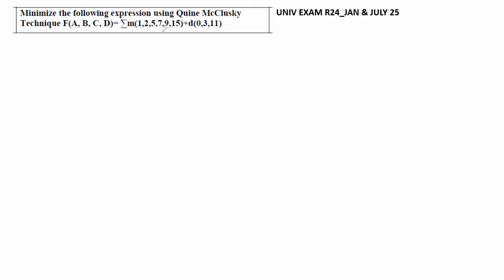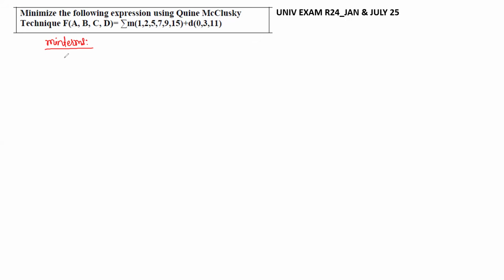Here we have only 4 variables, since the maximum minterm is 15. For easy understanding, you can write the minterms here in the form of binary, including don't care also.